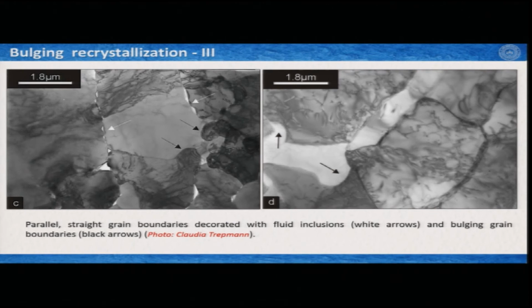What you see, if I consider this, I will wipe this out later: all these thin hair-like features within the grains are dislocations. Here as well these are dislocations.